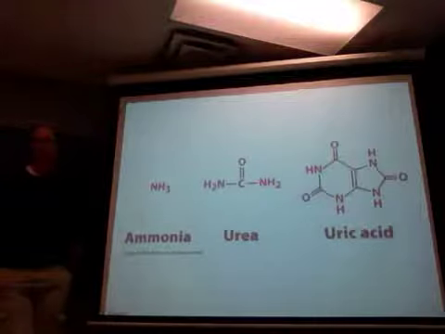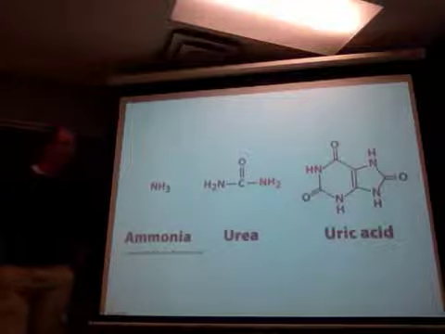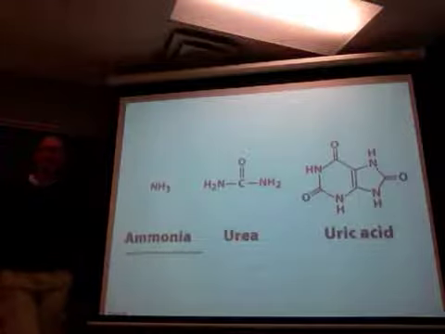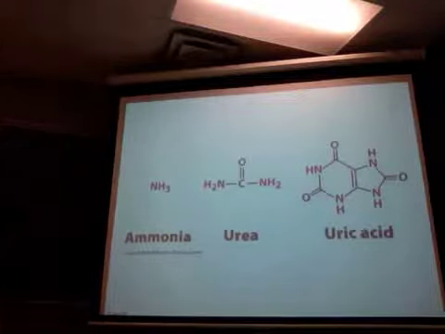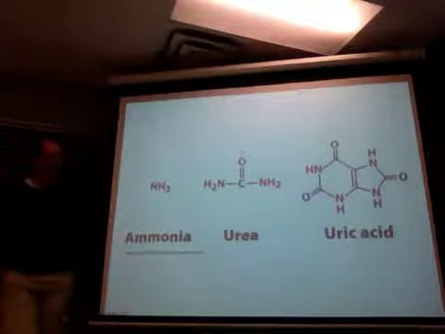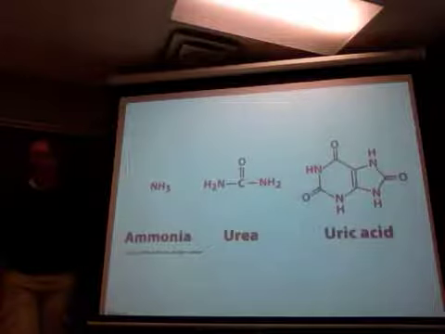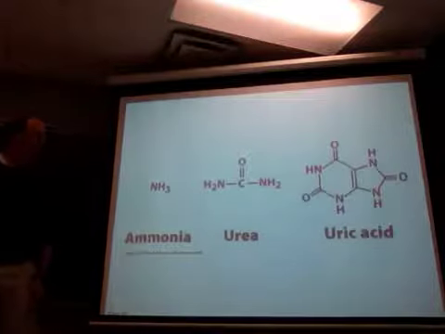But this is the major form that we use to excrete our nitrogen. If you were a kangaroo rat, I loved my documentaries about kangaroo rats living in the desert when I was a kid. Kangaroo rats are able to concentrate their urine down to almost the solubility limit of this, so that they can excrete as little water as possible.